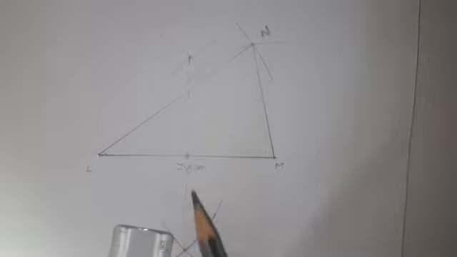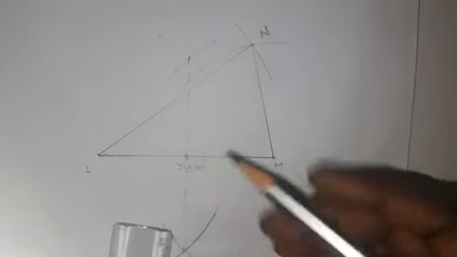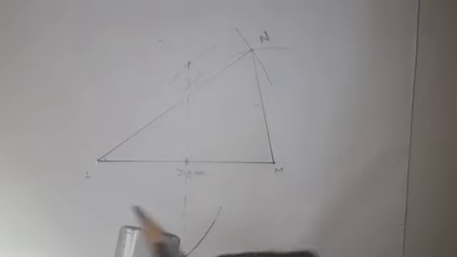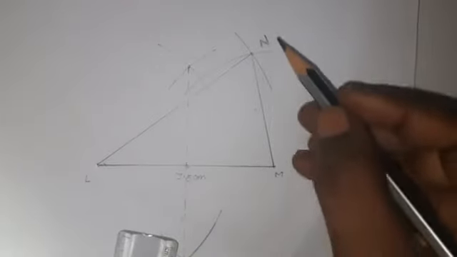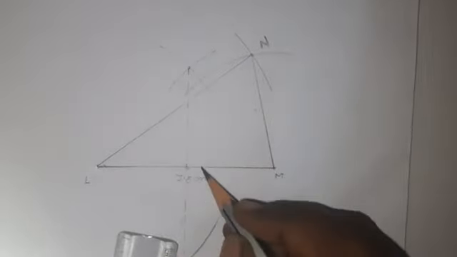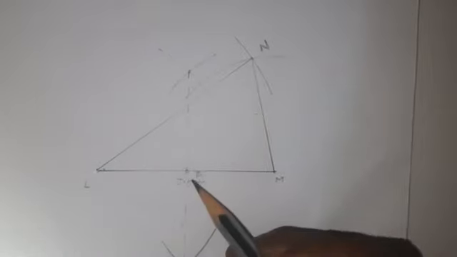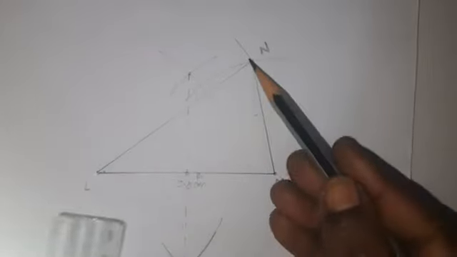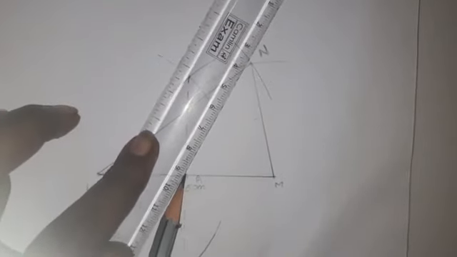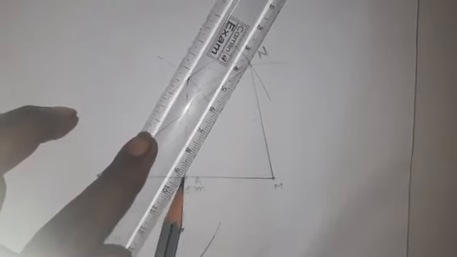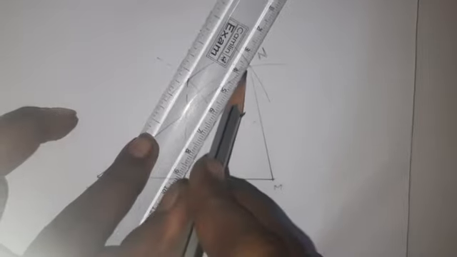Next, opposite to that, the vertex is N. Here I am giving the midpoint as A. Adjust with the midpoint A and N and draw the line like this.